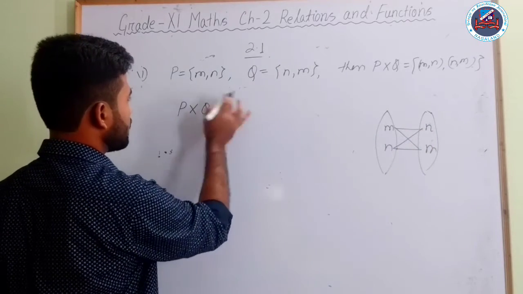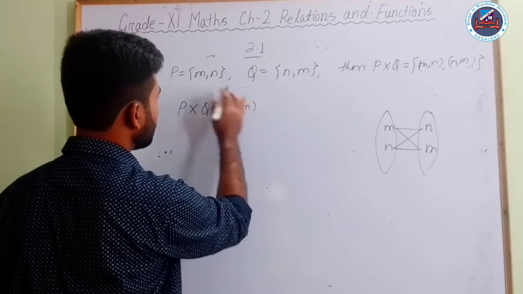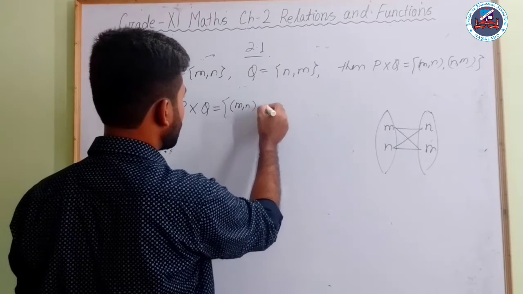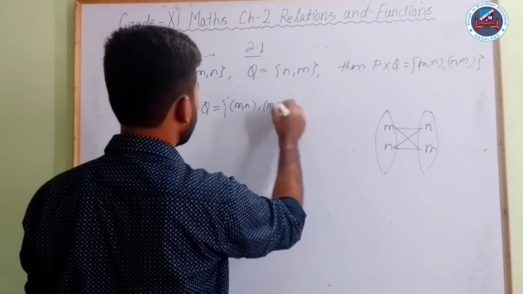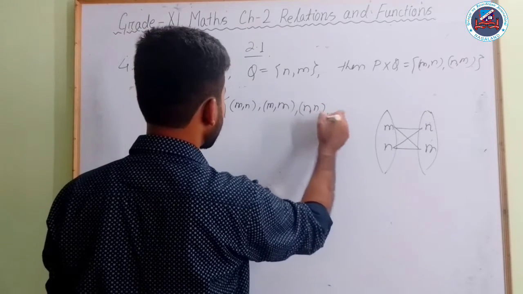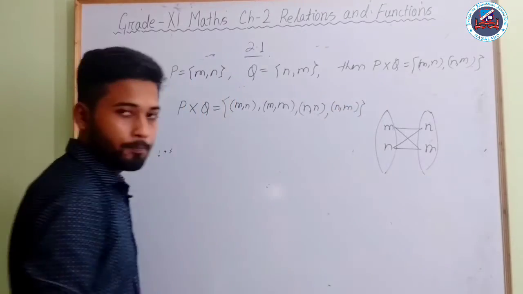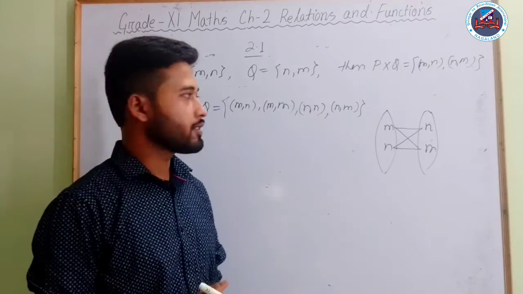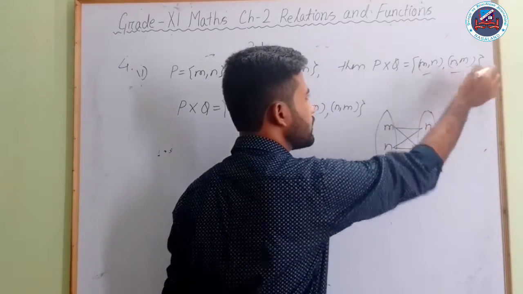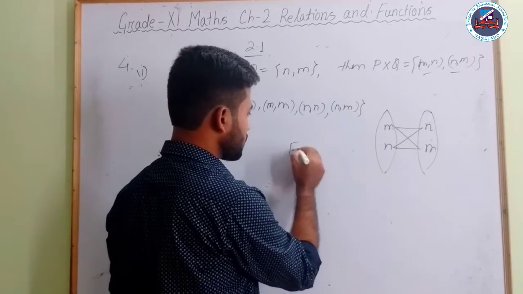That means the Cartesian product will give us (m, n), (m, m), (n, n) and (n, m). So this is our Cartesian product of P and Q, but here they have written only two elements, so this is definitely wrong, isn't it? So in this case it is false.